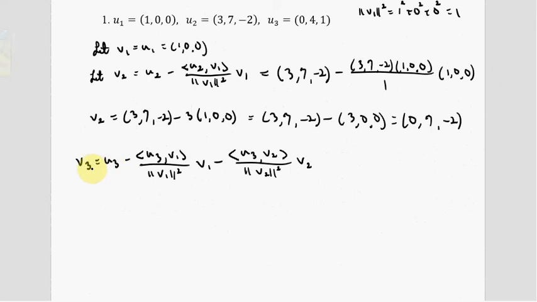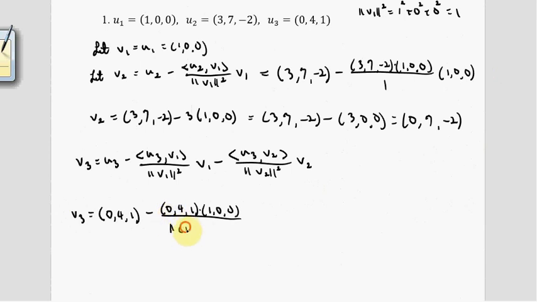So here, v sub 3 is u sub 3, which is 0, 4, 1, minus the inner product of u sub 3, 0, 4, 1, dot product with v sub 1. V sub 1 was 1, 0, 0. And that was all over the norm of v sub 1 squared, times v sub 1, 1, 0, 0.